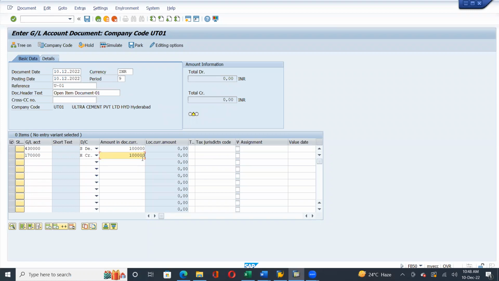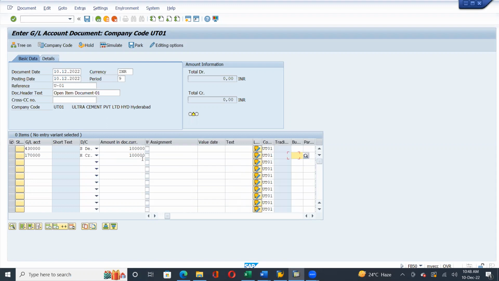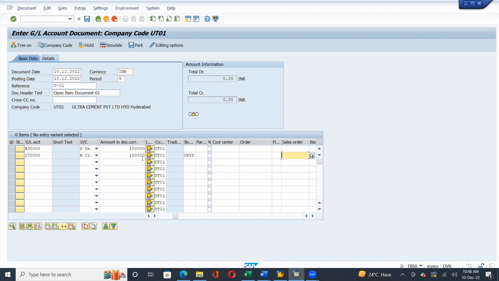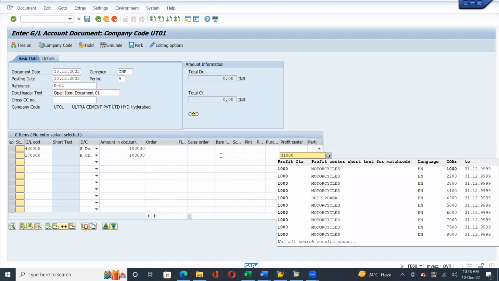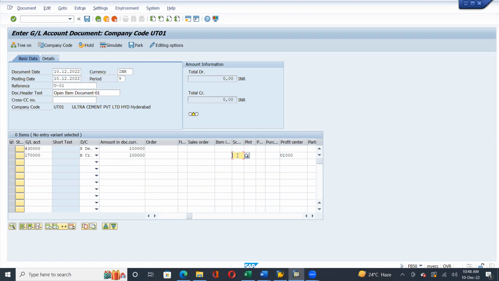We can give the business area. I'll give UHYD, Hyderabad business area, and profit center U1000. Just write it down. We are taking the date, reference number, open item document number 1. Whatever example I have provided you, the same example I am taking here.